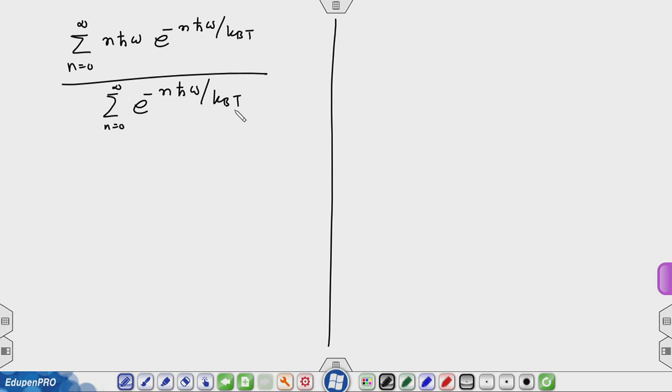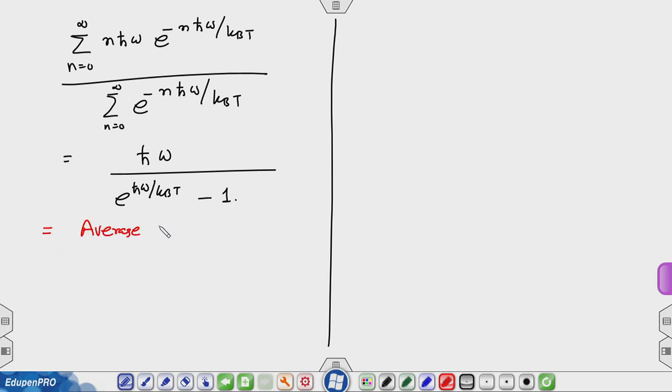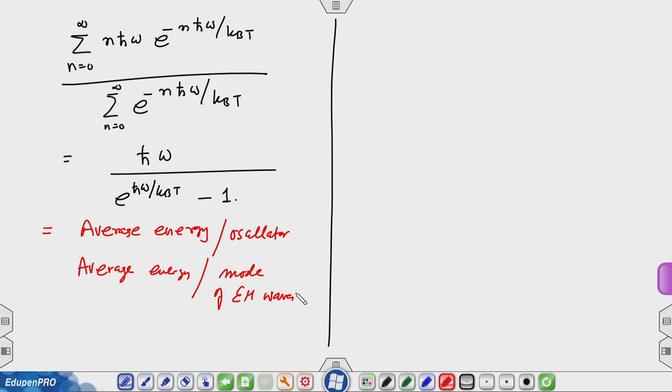I will let you do this derivation, it is quite easy, and this answer comes out to be h cross omega over e raised to h cross omega over kBT minus 1. What is this? This is equal to the average energy per oscillator, or average energy per mode of EM waves in a cavity.